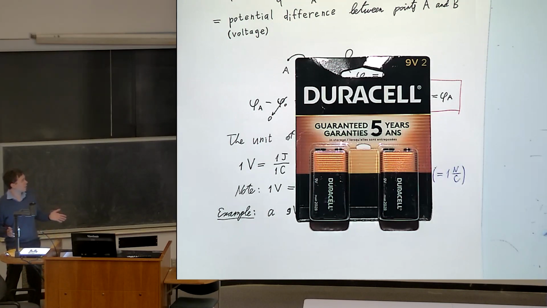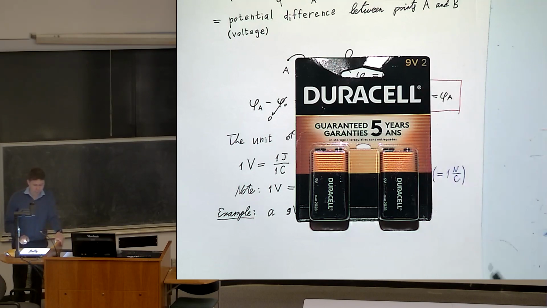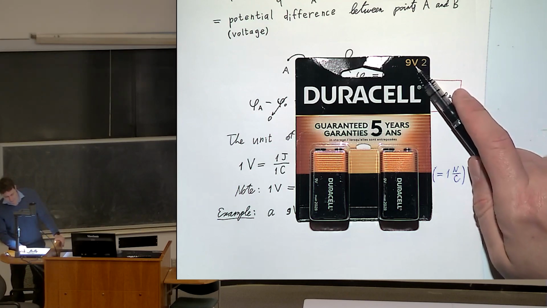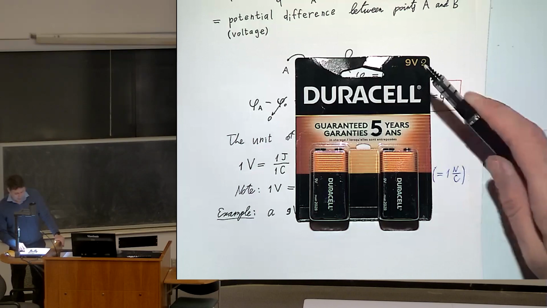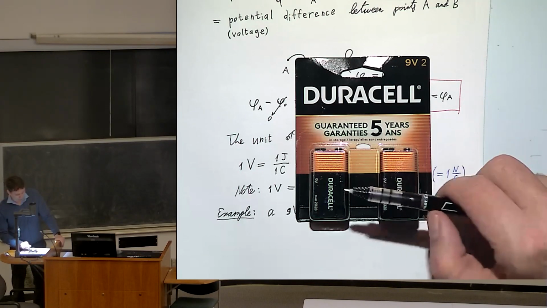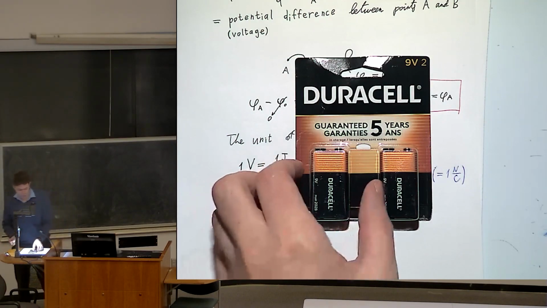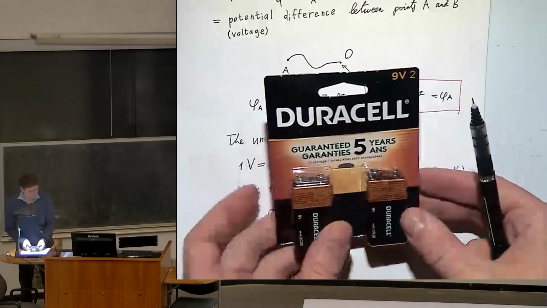For someone it's extremely familiar. For someone, it's new. If it's new and if the inscriptions looked mysterious in the past, now I will demystify them. So it says here 9 volts, and that's exactly what it also says here on each battery. And we now understand what it means.